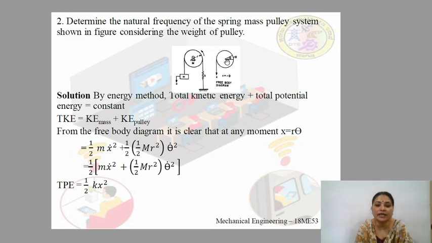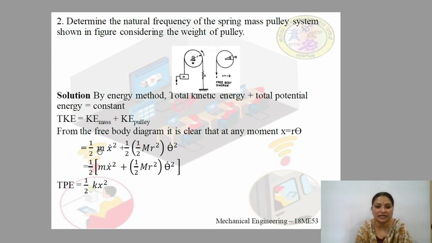Looking at the free body diagram, it is clear that at any moment the value of x will be equal to r into theta. So therefore, considering both the masses, we can write the potential energy and kinetic energy as below.